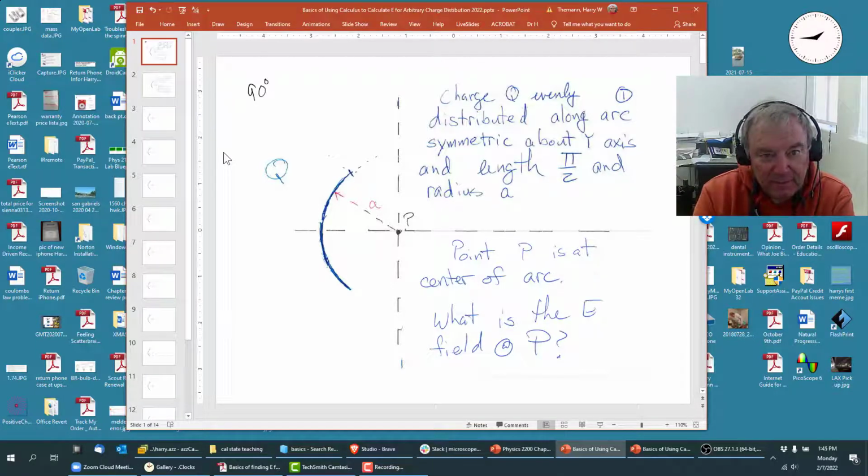So from here to here sweeps out an angle of pi over 2. And we'll talk about that in a minute.